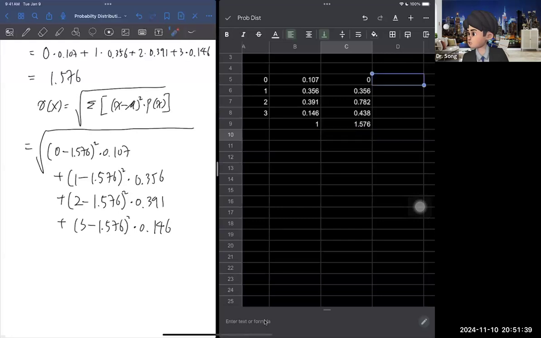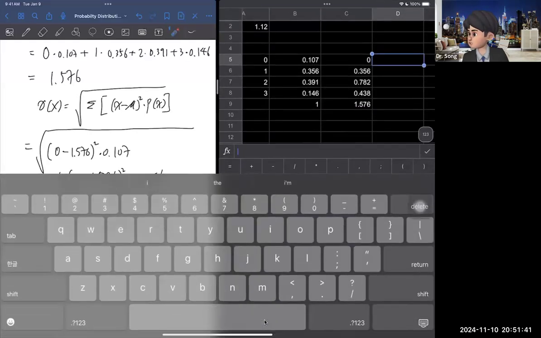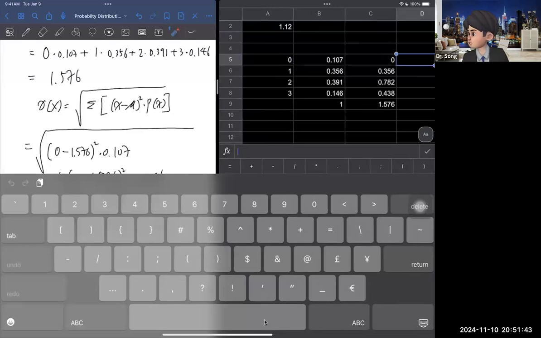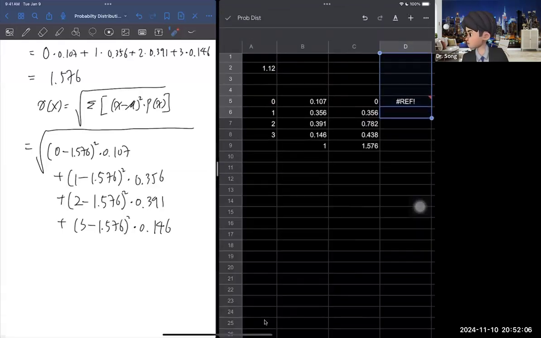Which means here, I can do it this way. So I first calculate 0 minus 1.576, okay? You can put the dollar sign before and after the letter. When you put the dollar sign before and right after the letter, and you press enter.